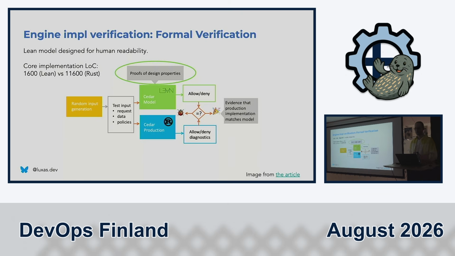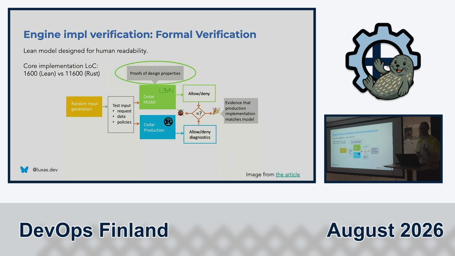So for formal verification, there is a small core of Cedar. At the time of this paper, there were maybe 1,600 to 2,000 lines in Lean written to implement the Cedar specification and language, to actually build something that gives you allow or deny, and that's an order of magnitude less code than the production-ready Rust implementation.